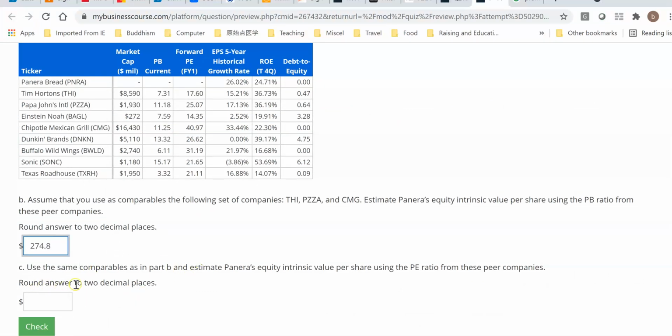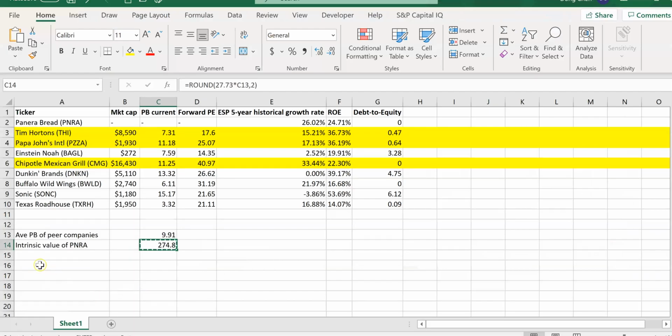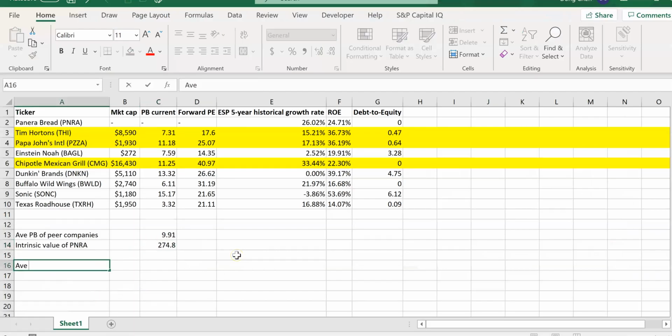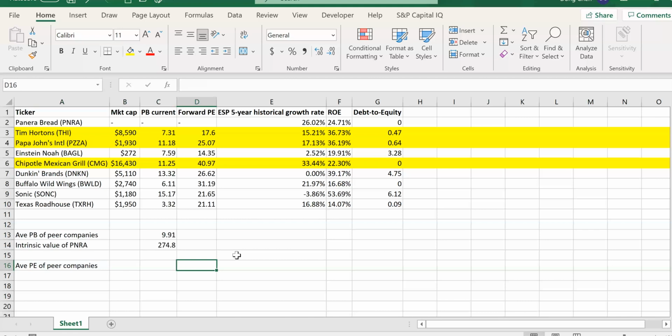And part C, use the same comparables as in part B and estimate Panera's equity intrinsic value per share using the PE ratio from these peer companies. So the only difference here is we need to use the PE ratio rather than the PB ratio.